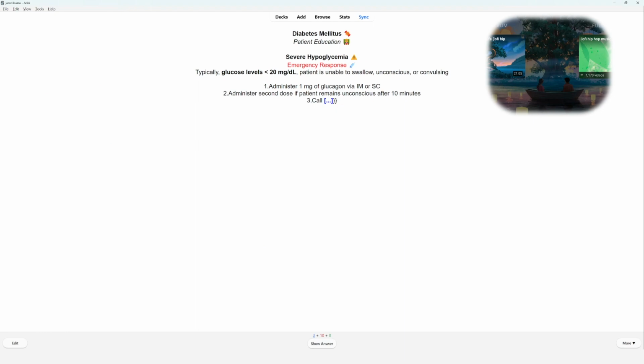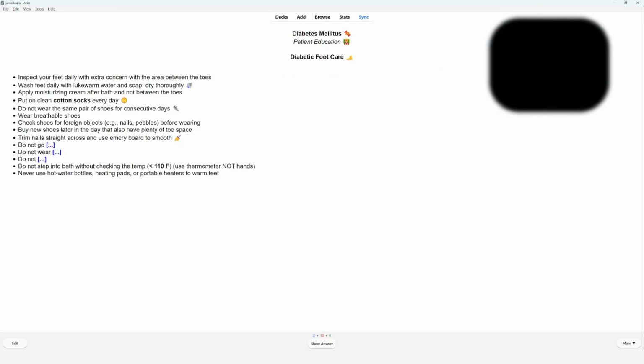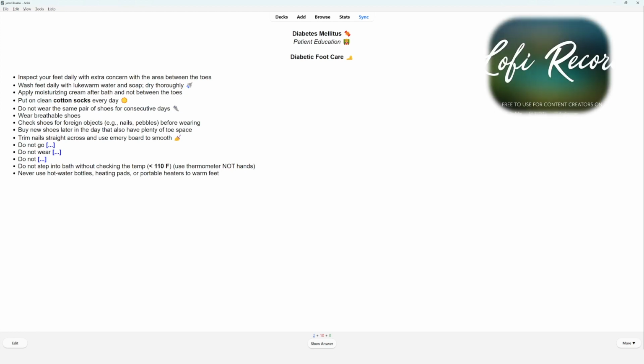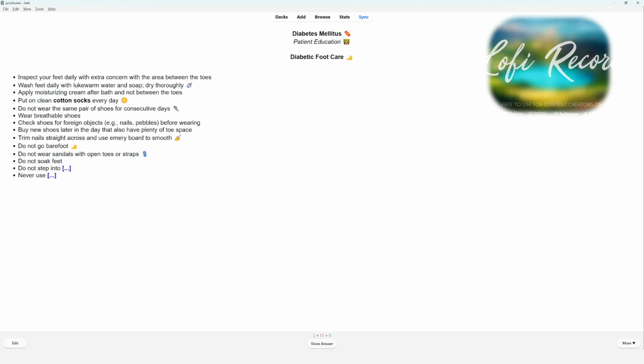Call 911 if the glucagon did not work, and follow their instructions. Do not go barefoot. Don't wear open-toed shoes or sandals, and don't soak your feet. Don't step into a bathtub without checking the temperature, under 110.